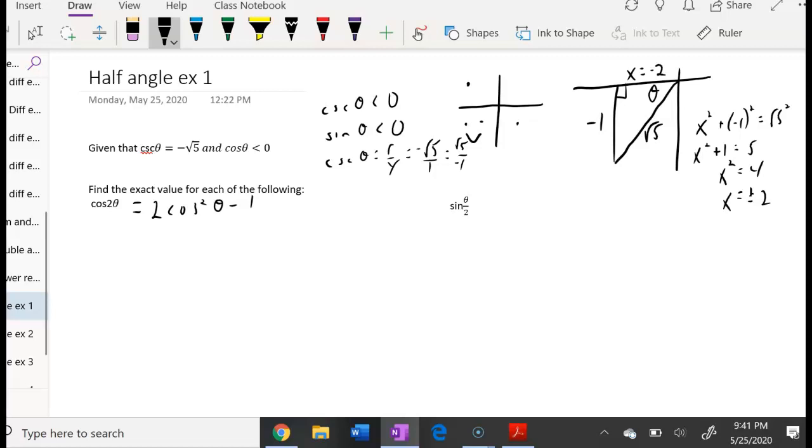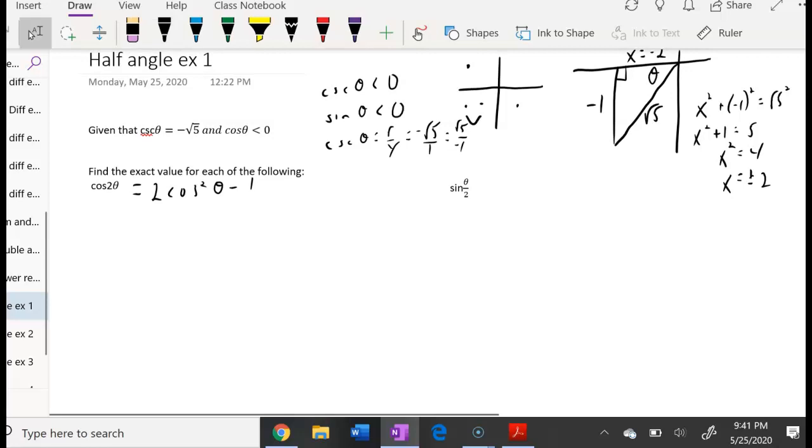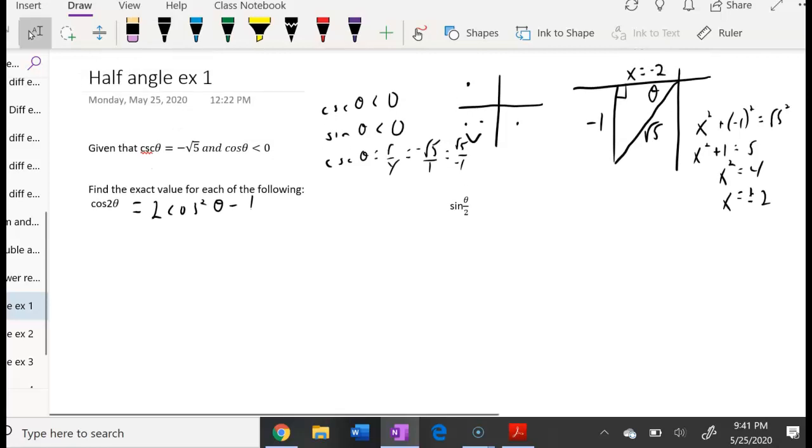All right, so we've got our triangle, and we know pretty much everything that we're going to need about theta, sine, cosine, tangent, and so on. In this case, what we need is the cosine, and we know that the cosine of theta is going to be from here, it's going to be the adjacent, which is negative 2 over rad 5. So this is going to be 2 times negative 2 over rad 5 squared minus 1.